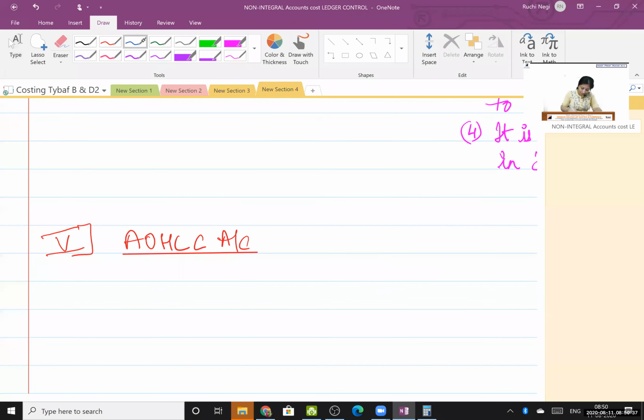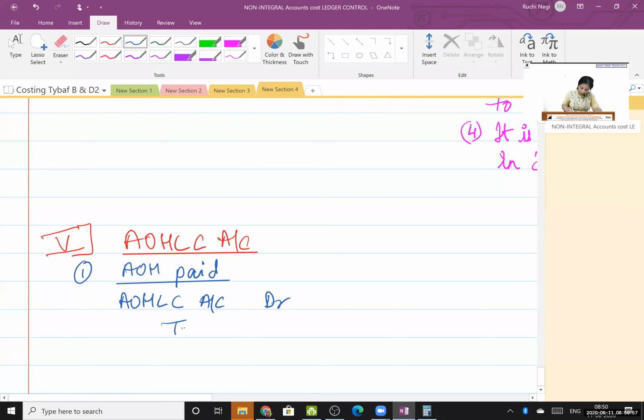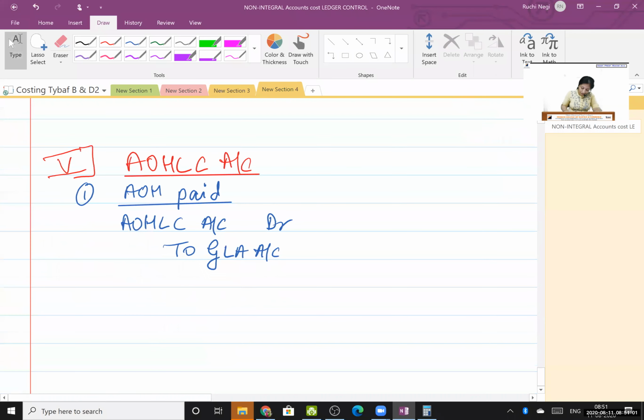Same logic. पहले पे करो. So admin overheads ledger. Admin overheads paid. Admin overheads ledger control account debit. GLA. Then charge it. Admin overheads ledger control. Sorry, admin overheads charged.